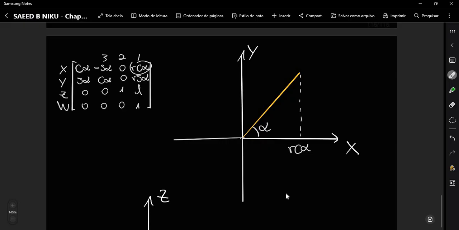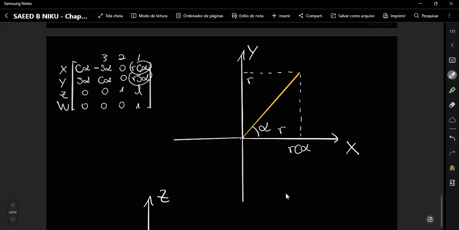Now this component, and again R is from ratio. Right here is R, right here is R. Which is the maximum point that this mechanism, a mechanism with the ability to stretch itself, can reach.